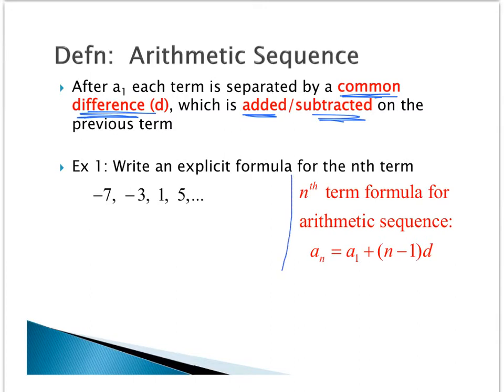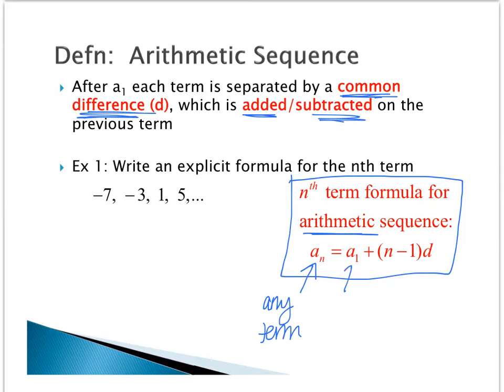Right here, this is our first formula that we really want to memorize, and it's for the nth term of any arithmetic sequence. And the way that this term is broken down, a sub n is basically for any term, a sub 1 is for the first term, n is for the term that we are on, and d is the common difference.